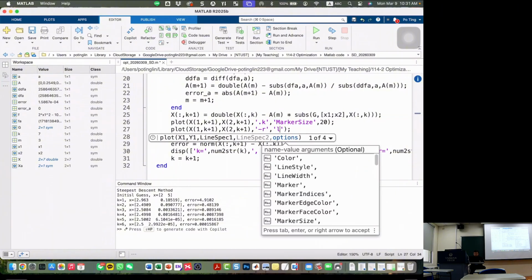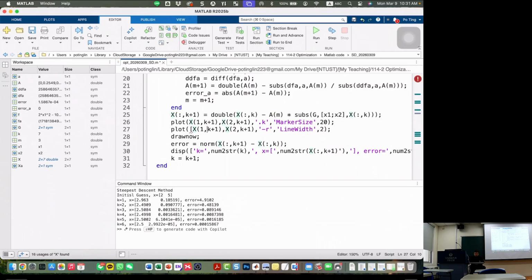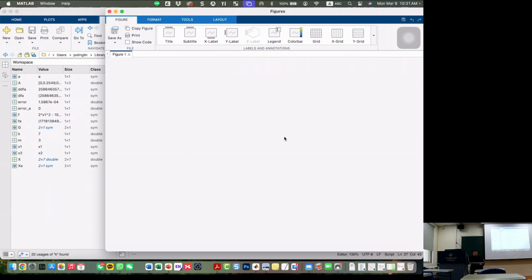But line width, maybe 2. Okay. So here, I create a bracket, and this is the previous point, and here, the previous point. Okay. So you should be able to.